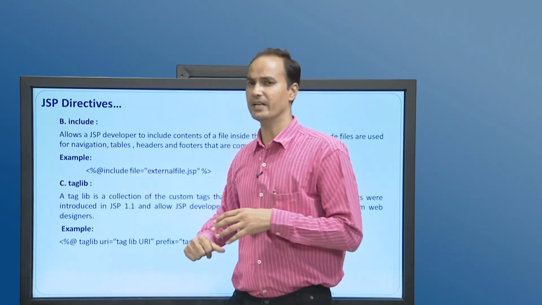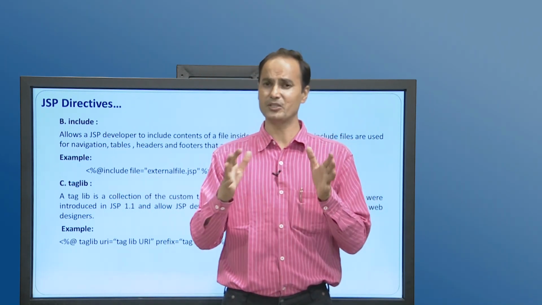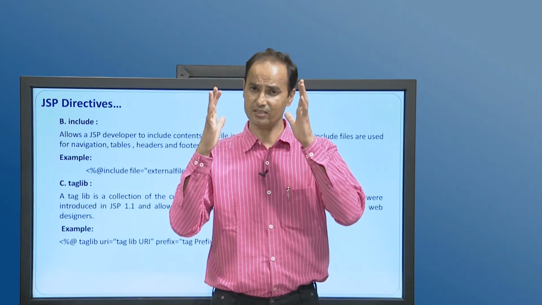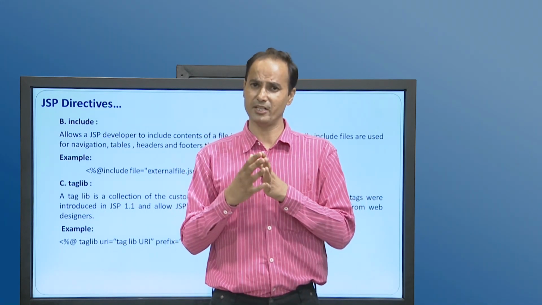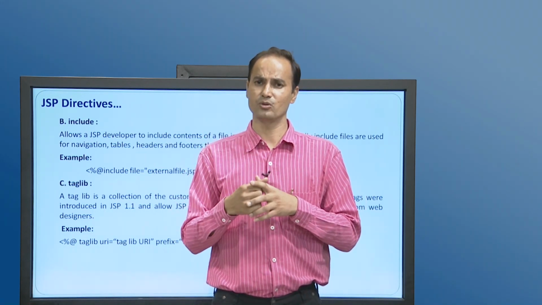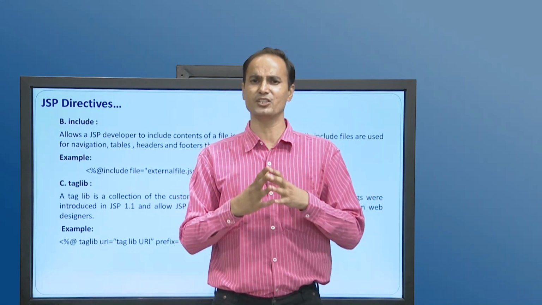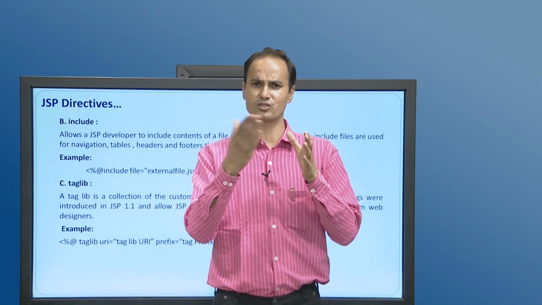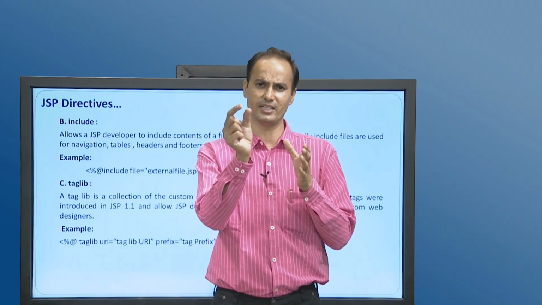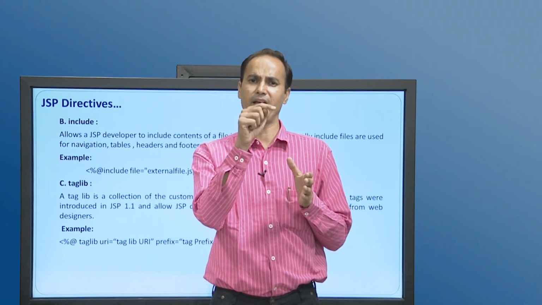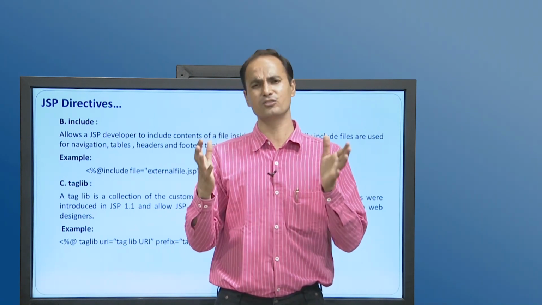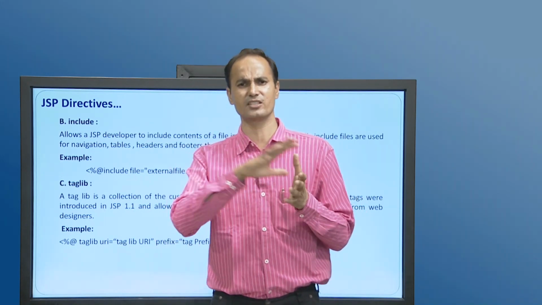Next is the taglib directive. The taglib directive is very efficient, and we have seen in the Struts environment that we were using the Struts taglib to design the presentation view. We used Struts functionality to design the HTML forms with the prefix s, or you can use any other prefix instead of s.